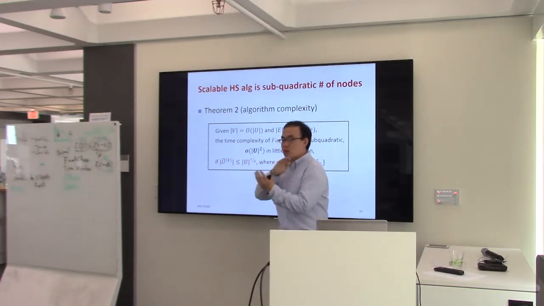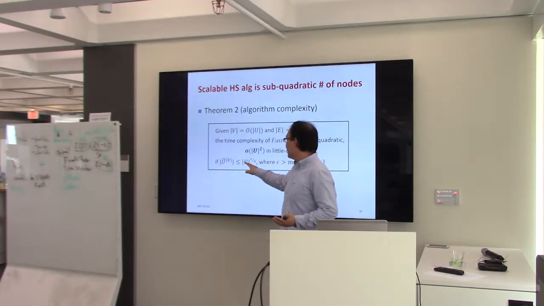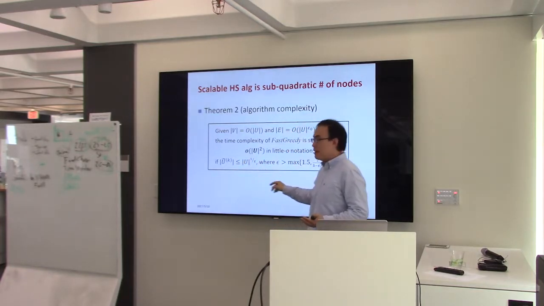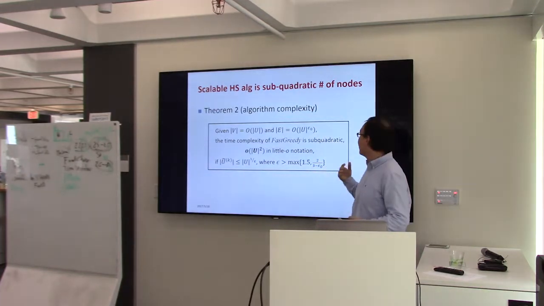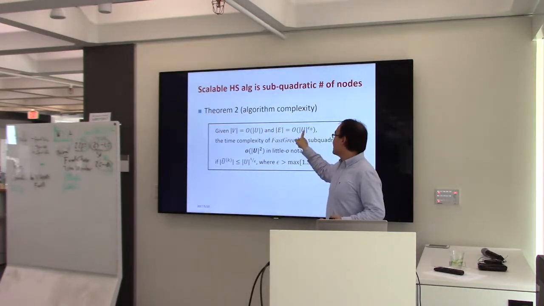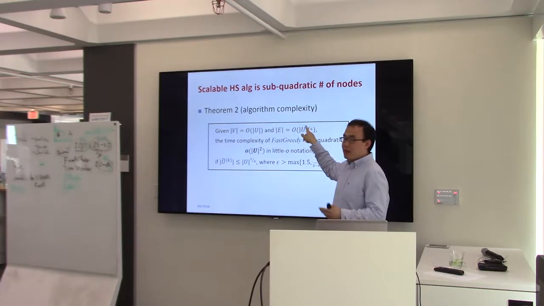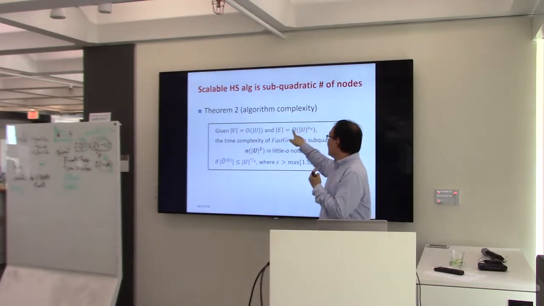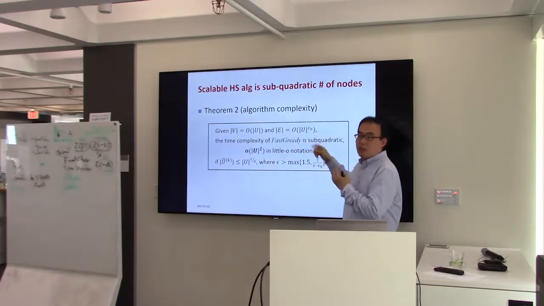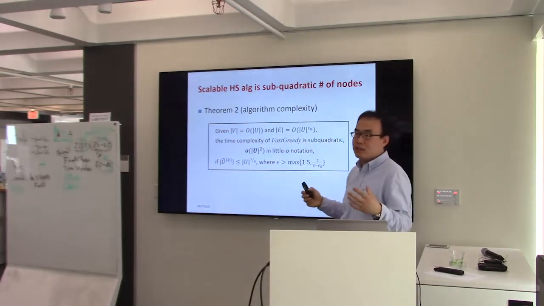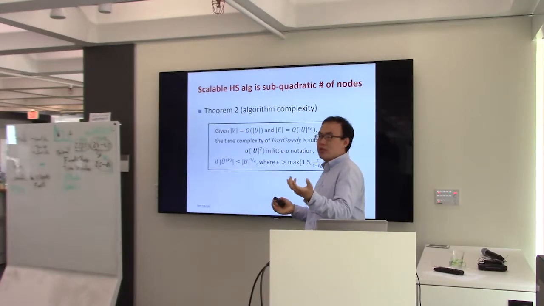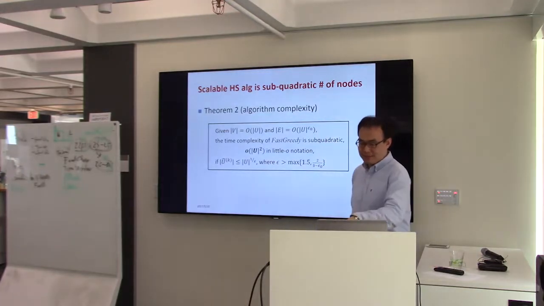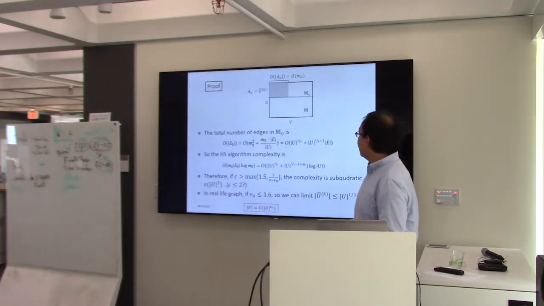The U tilde we truncated before will be U to the 1 over epsilon, where epsilon is between 1.5 and 2 over 3 minus epsilon 0. Epsilon 0 is the exponent relating nodes and edges. In complex networks, epsilon 0 is always between 1.2 and 1.6, something like that. So this is the improvement.